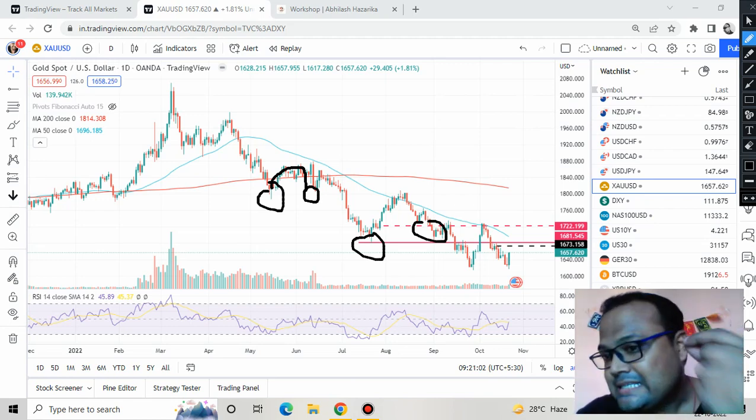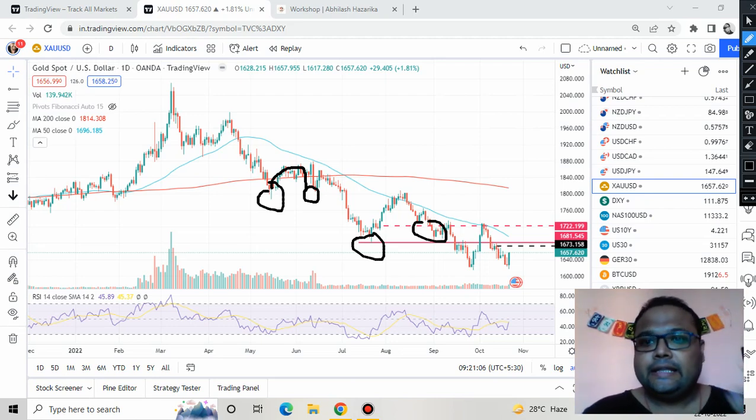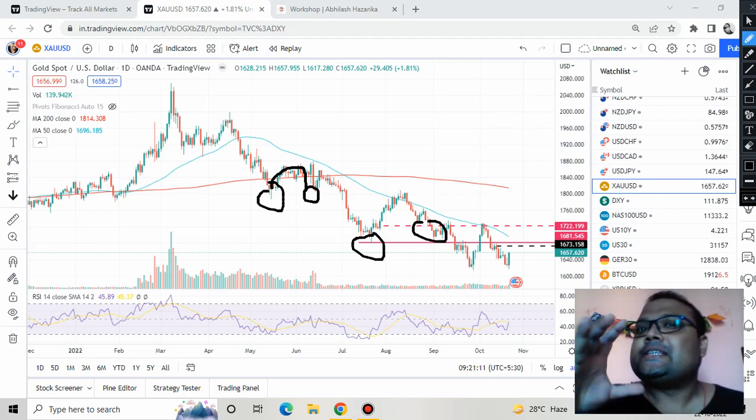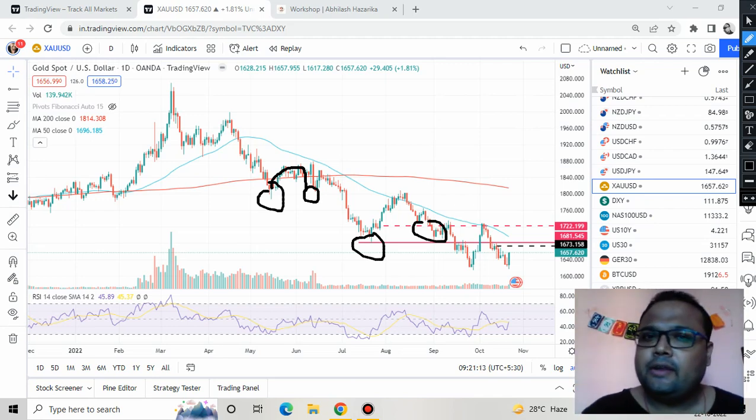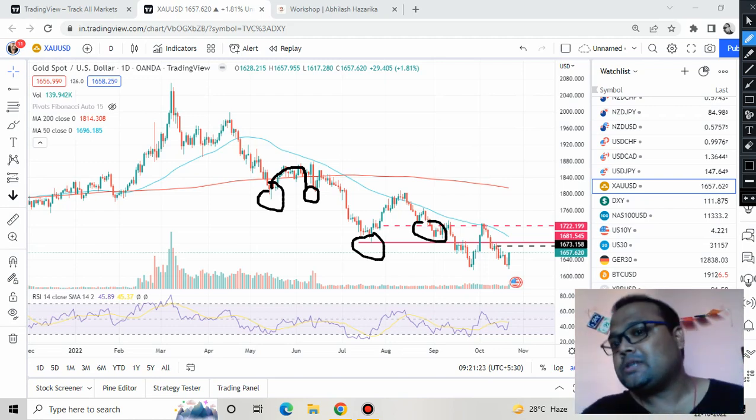We target for a single candle. So if you are a day trader, my dear friend, then yes, there is a possibility that the market will be showing some recovery for the next couple of days, next week. But if you're a positional trader or swing trader, then watch and observe the market on Monday, and then you can proceed.